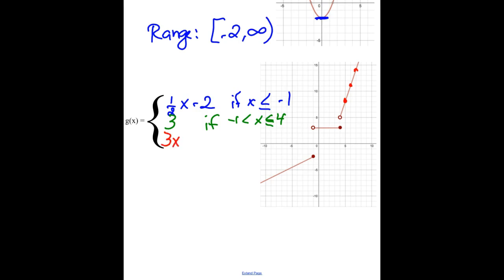So I'm going to have to go down 3, back 1. And it looks like I'm hitting at -7. So that would be my y-intercept. And that works for which values? For x's that are greater than 4? Okay.